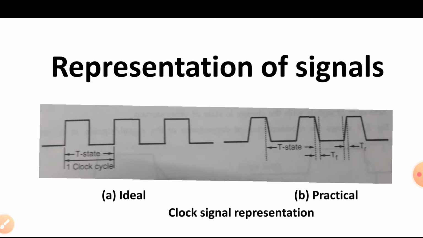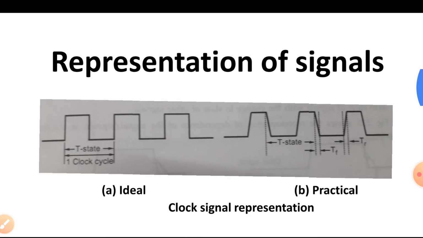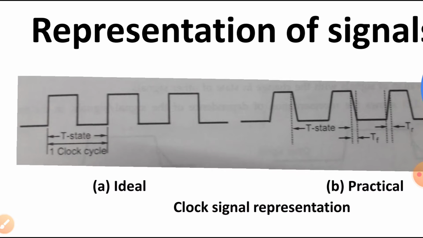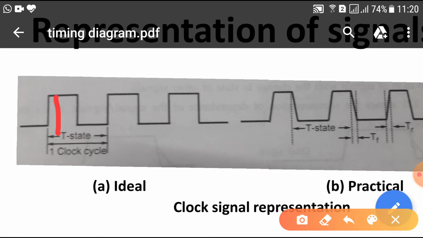Ideally, the clock signal should be a square wave. This ideal square wave is shown with 0 rise time and 0 fall time. But in practice, we don't get 0 rise time and 0 fall time.